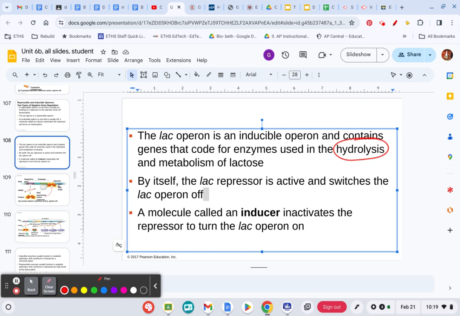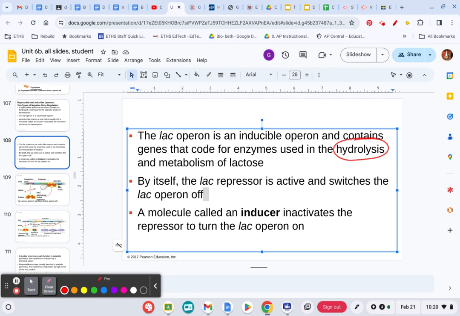That poor little bacteria has to survive until it gets picked up, eaten by something else, right? So it's going to try and conserve as much energy as possible. But just in metabolism, just in living, just in performing cell respiration, one of the things it's always going to need is tryptophan. So the tryptophan operon is almost always going to be on. However, it has another operon, and it's got lots of operons. We're only talking about two. It's got another operon to break down lactose. Do you see any milk on your desk?